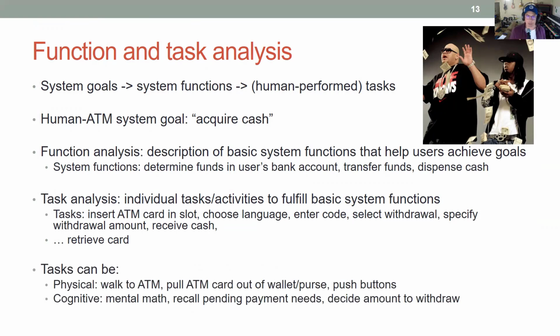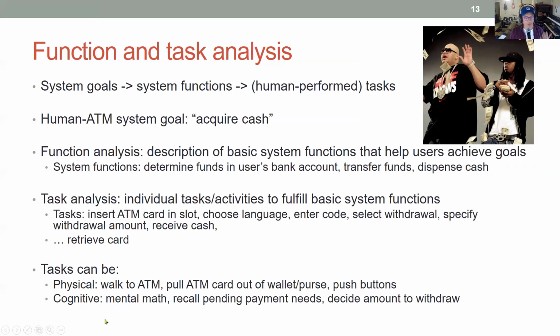And these tasks can be physical. It could be walk to the ATM, punch in the code, or it could be cognitive: remember my PIN, for example, or do the mental math for how much to withdraw. So we can map the tasks being performed by the humans, and if the breakdown in the system is more physical, there'll be those sorts of solutions.